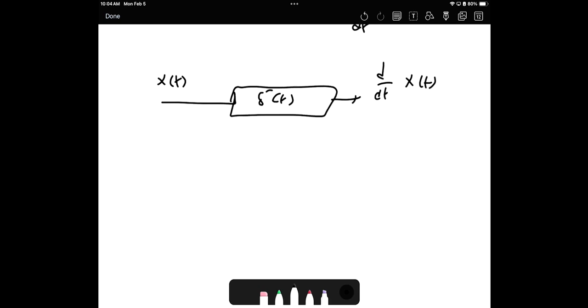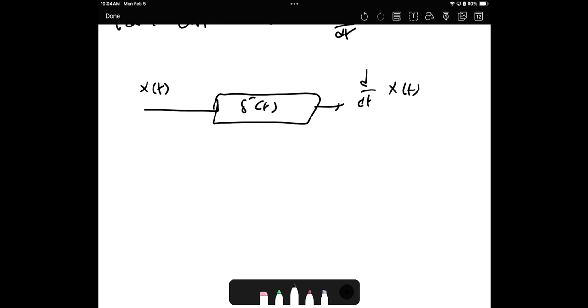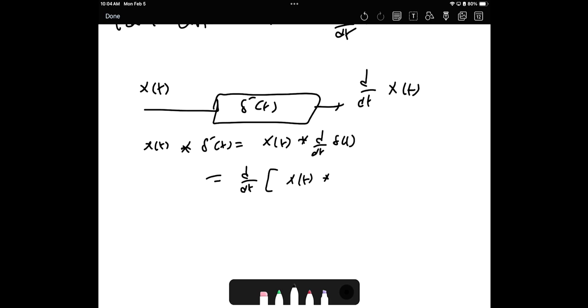Basically, this means x of t convolved with delta prime of t, in other words x of t convolved with the time derivative of delta of t. According to the derivative property, this can be d by dt of x of t convolved with delta of t.